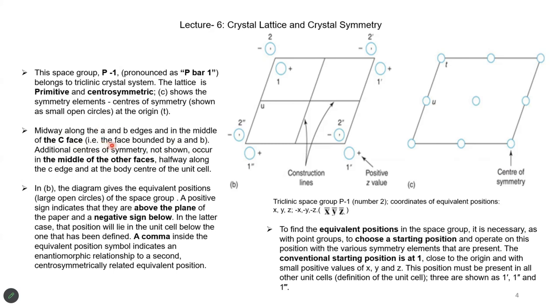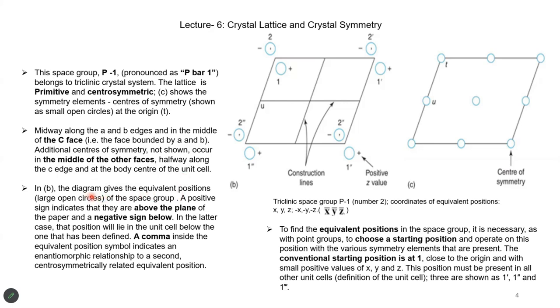And what is the C face? The C face is bounded by A and B. If you remember the crystallographic axes A and B, the C face is bounded by A and B. An additional center of symmetry we get in the C faces, which is not shown here. And all the other centers of symmetry are created by the body center of the unit cell.